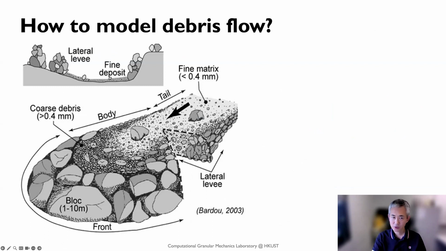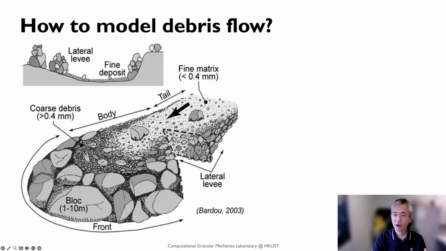But also the particle system is vastly different in terms of particle size. At the front, you have bigger blocks, which can be 1 meter, and in some cases even 10 meters big here. And then you have pebbles and coarse debris, which can be millimeter and sub-millimeter, and also you have fine matrix, which can be at micron scale here, right?